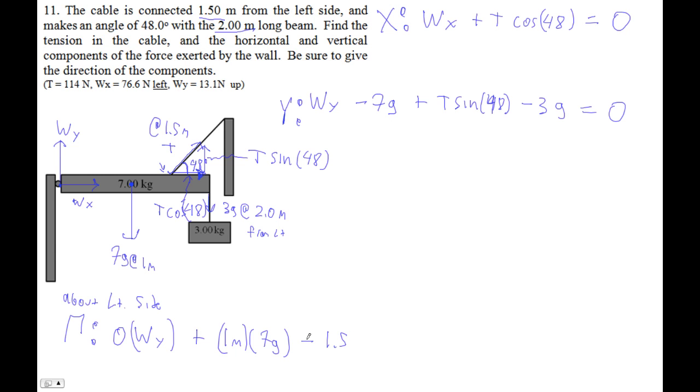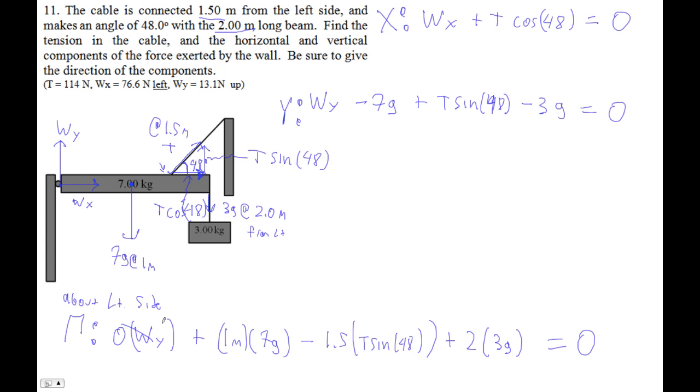The minus is because it's anti-clockwise. Gravity is torquing it clockwise. And then there's one more clockwise torque, this guy, so plus 2 meters out, because it's a 2 meter long beam, so 2 meters times 3g. And that's 0.